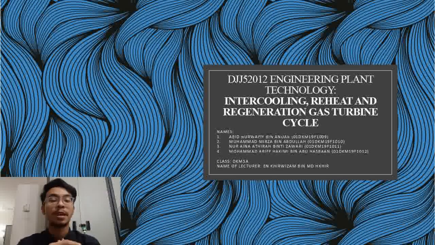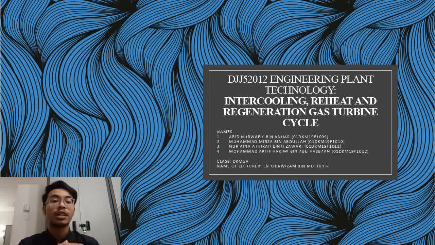My name is Abid Wafi bin Anwar with the matrix number 01DKM19F1009. Today, we would explain about intercooling, reheat and regeneration gas turbine cycle from our subject, Engineering Plant Technology. Let me introduce our group members.